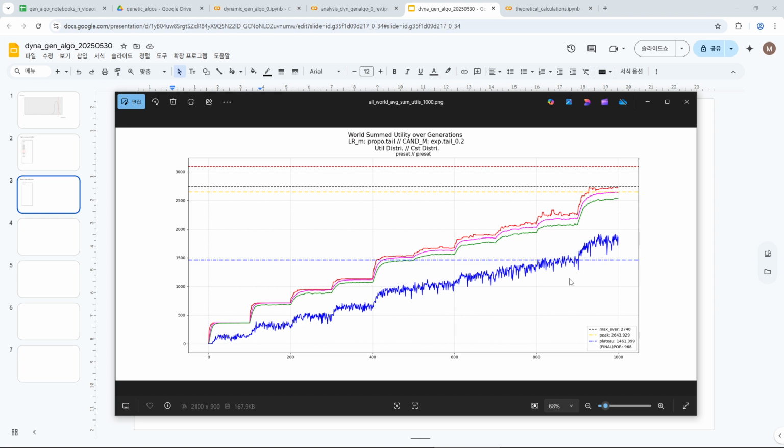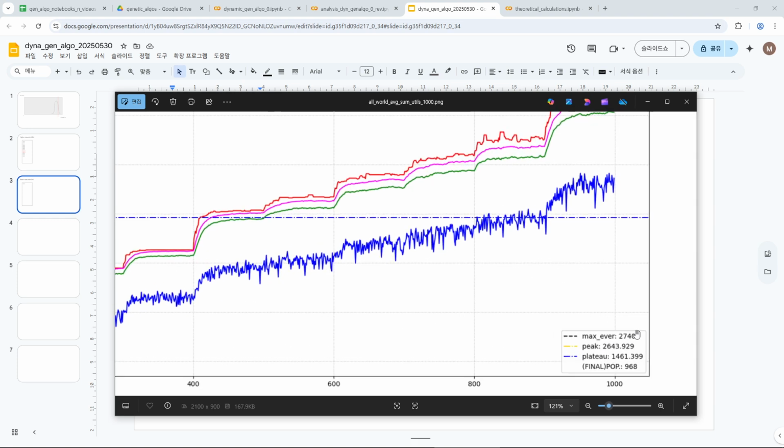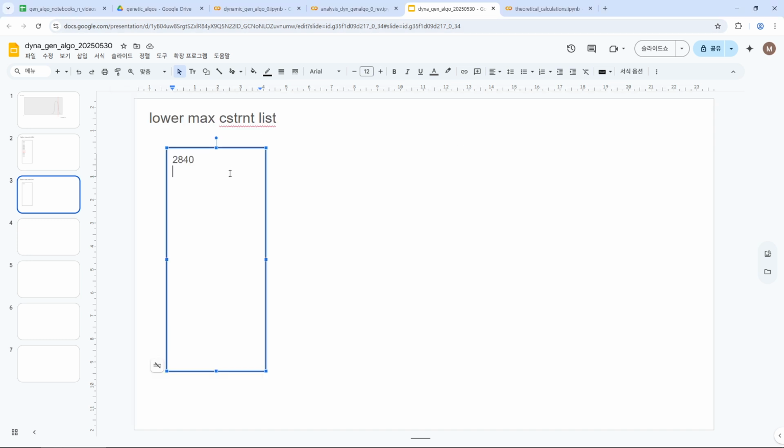And this is what we get. The maximum ever here is 2740. So 2740, and we leave a question mark to keep on wondering if 2840 is the true ceiling. Spoiler, it's not.